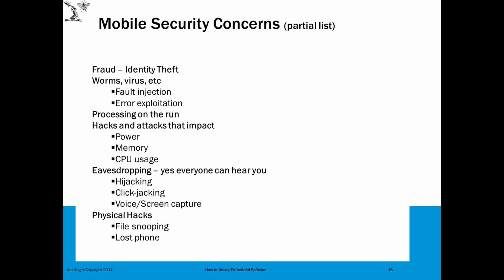These are both good for marketing, but they're also questions about privacy that come up. Hacks and having your system compromised can impact your power usage. I'm always running out of batteries, memory, and CPU usage. It seems like my phone runs slow sometimes. I run virus protection on it, but it's a constant game with the bad guys.